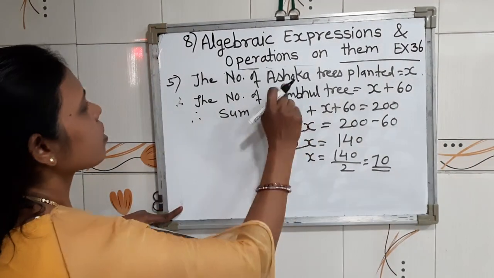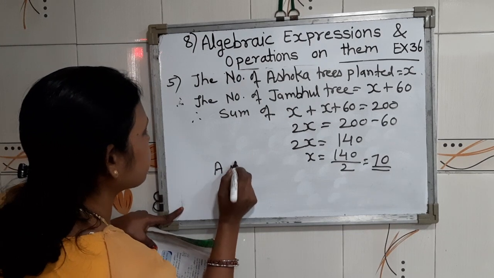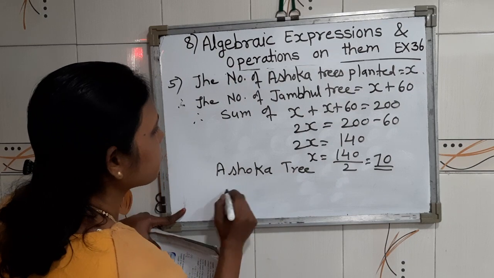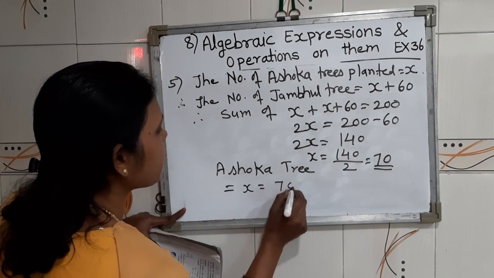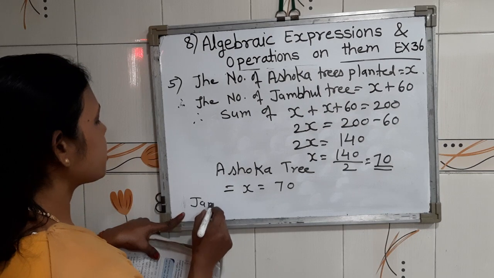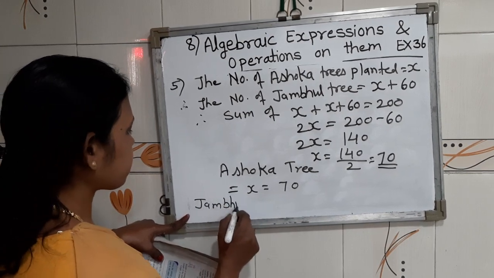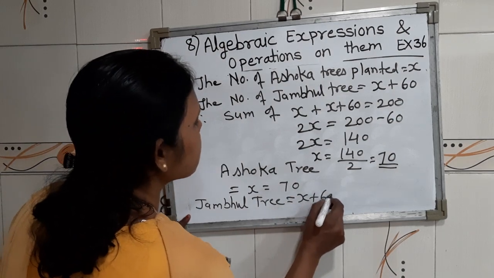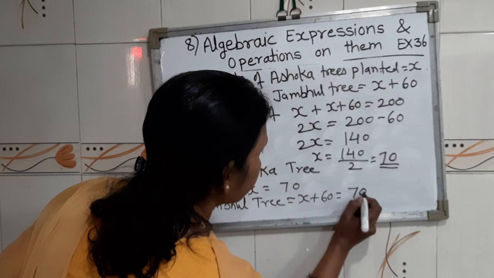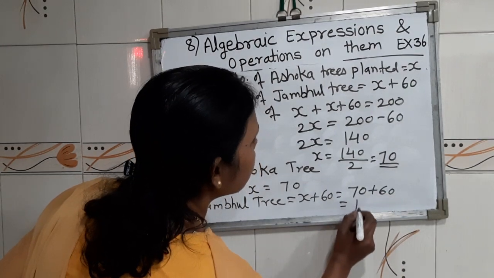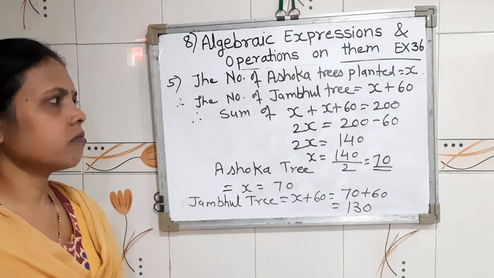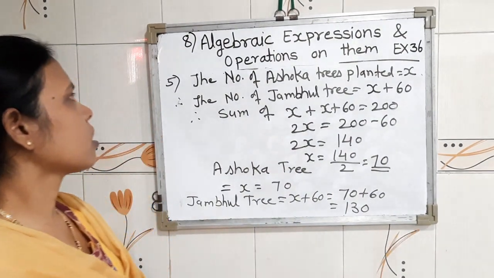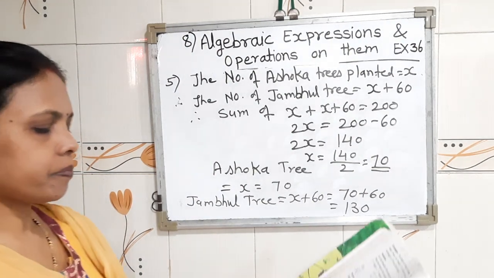Means number of Asoka trees equal to x equal to 70. Jambul trees equal to x plus 60, that is 70 plus 60 equal to 130. So children, I hope you all understood question number 5 also.